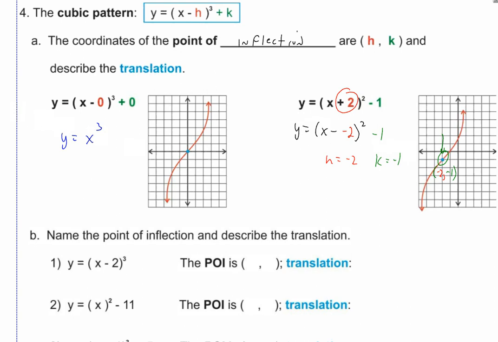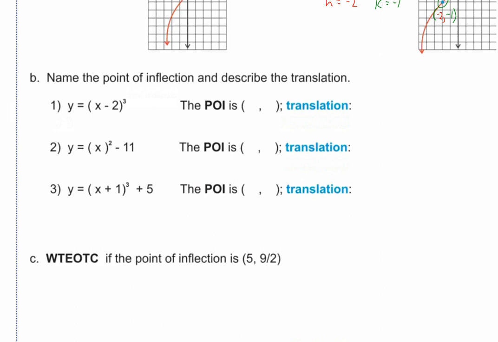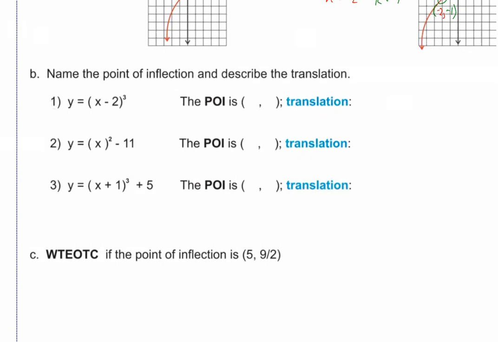Nice and orderly. Okay, so let's go through and figure out some points of inflection and how the cubic is translated. All right, first example. Can you write the coordinates of the point of inflection? All right, well, hopefully you think the h coordinate is 2 and the k coordinate is 0.